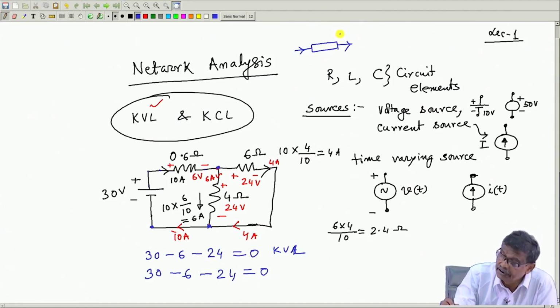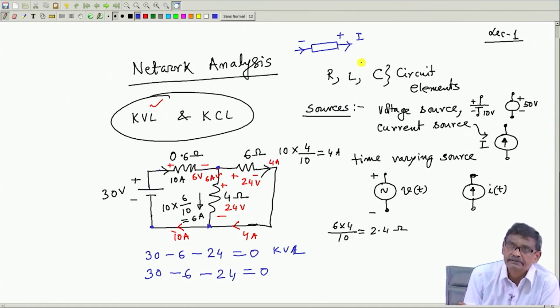If you find a situation like this, where the voltage drop polarity is like this and the current direction is like that, then I will say that this particular element is delivering power. That is what happens in a battery in general. So, this box could be a battery, a resistance, an inductance or a capacitance.